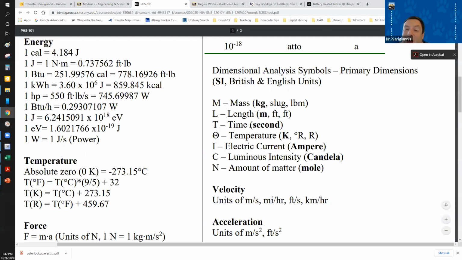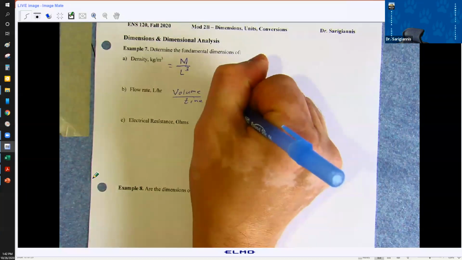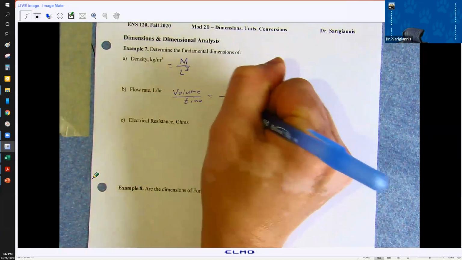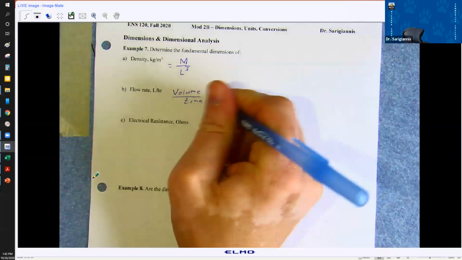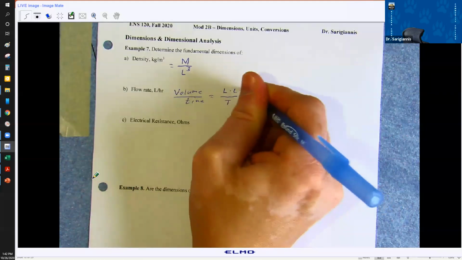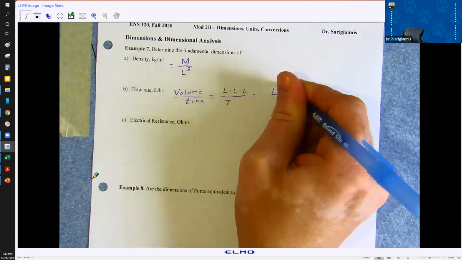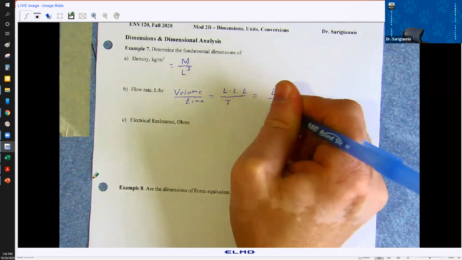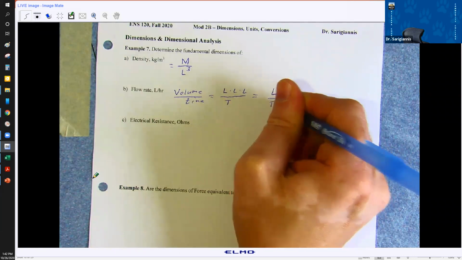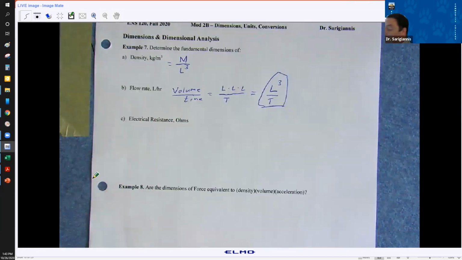Time is in seconds. Now, we don't need conversion factors here. All we need to know is, are these units a fundamental dimension? And we know that time is a fundamental dimension, so we write T. Volume is a product of length times length times length, right? So here, the dimensions for flow rate are length cubed per unit time, right?